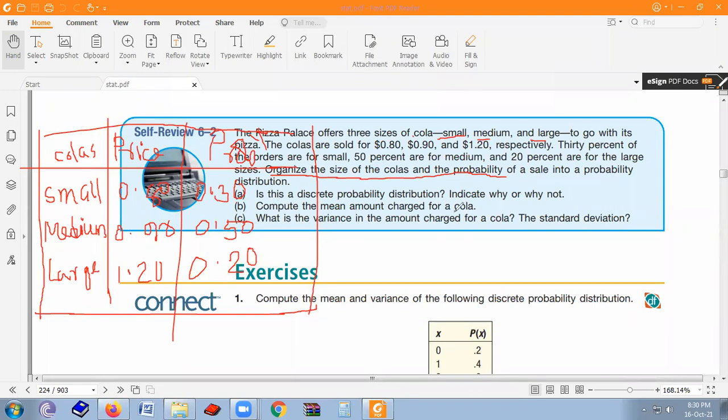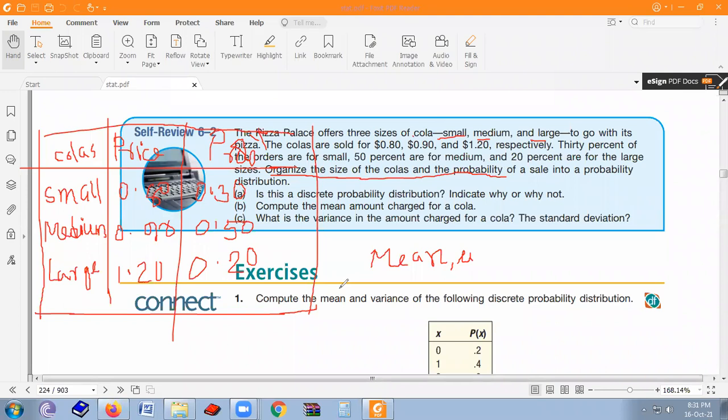And compute the mean amount charged for colas. So we know the formula for mean. 30% of the orders are for small.